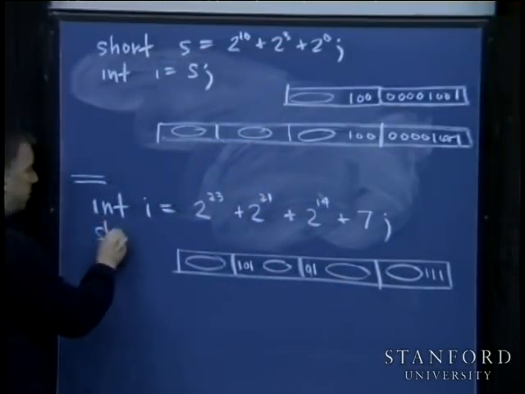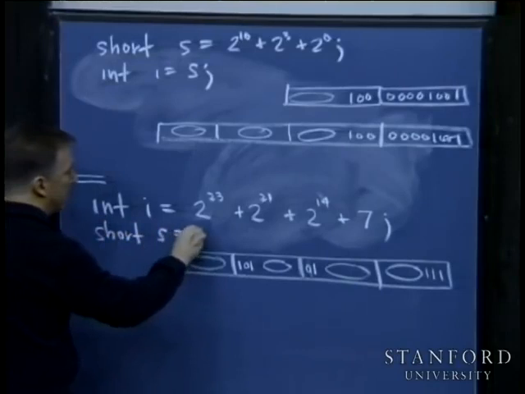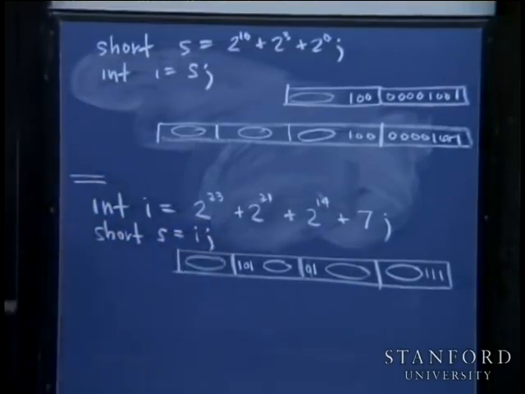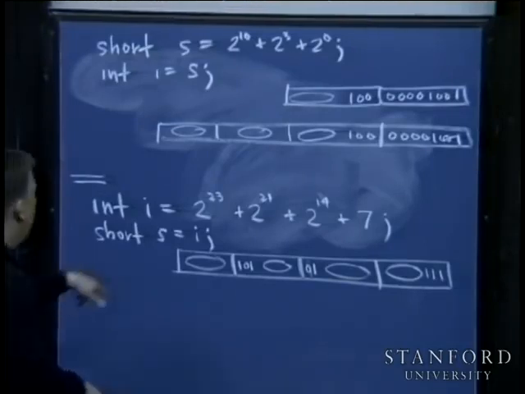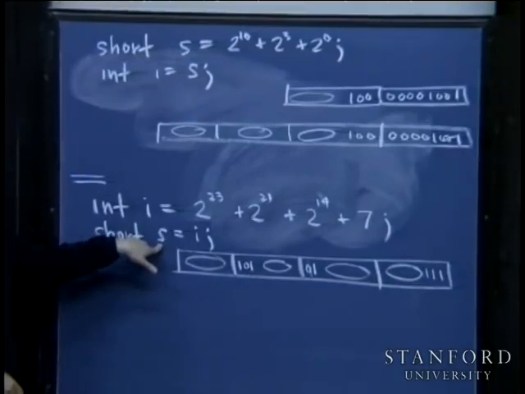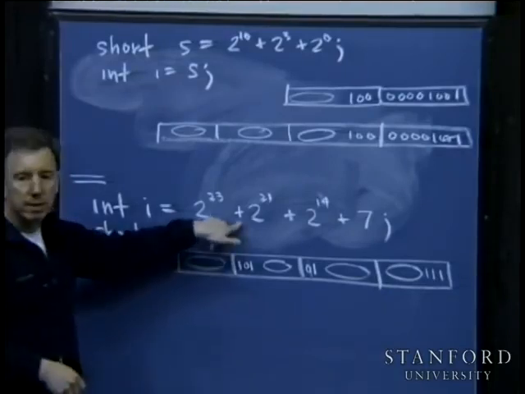I go ahead and I set short s equal to i. You could argue that, wow, that number's so big it's not going to fit in the short. And so you might argue, well, maybe we should try and come as close as possible and make s the biggest number it can be so it can try really hard to look like this number.